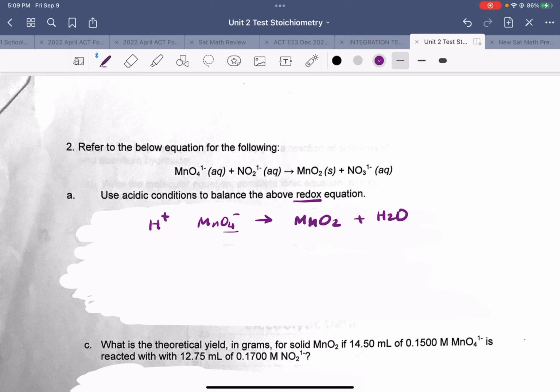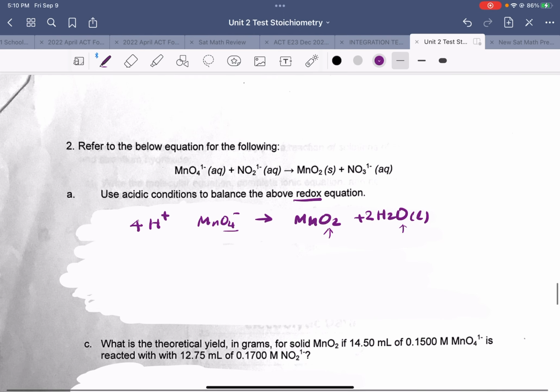So MnO4 minus plus H plus becomes MnO2 plus water. Now how many do you need? Here you have O4, so on this side you have 2 O in MnO2 and you need 2 waters. Now how many H do you need? Then 4 H, right? That's basically what that is.